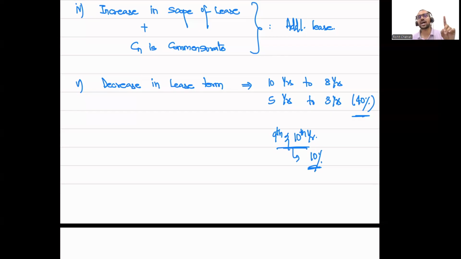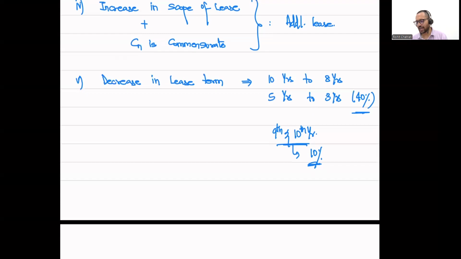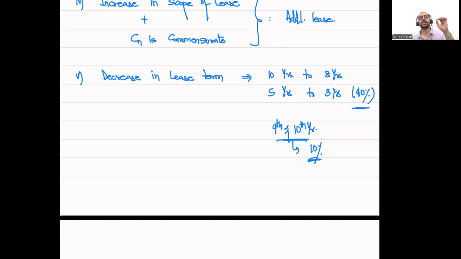When you derecognize ROU and lease liability, you have a balancing figure of gain or loss. After doing that, we had part 2. Under part 2, we calculated the revised lease liability using the updated discount rate. We calculated the present value of the payments for the next 3 years, year 6, 7, and 8, using a discount rate of 11 percent, if I'm not wrong.